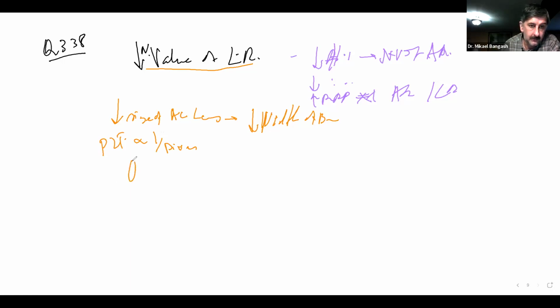To begin with, a smaller PZT versus a greater PZT produces a narrower beam versus a wider beam. Okay, guys?